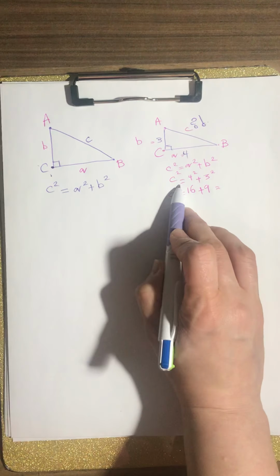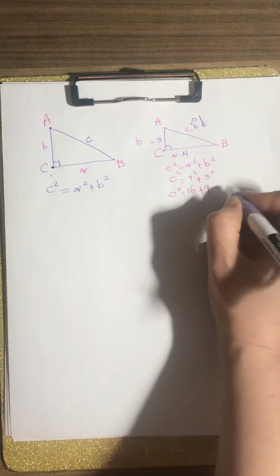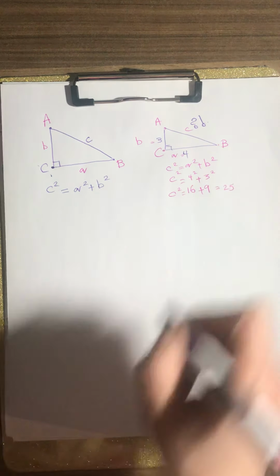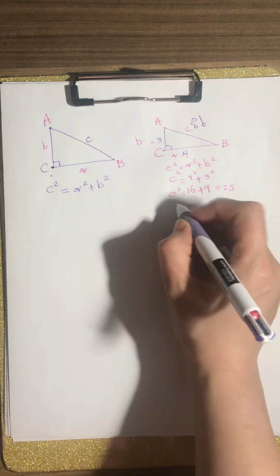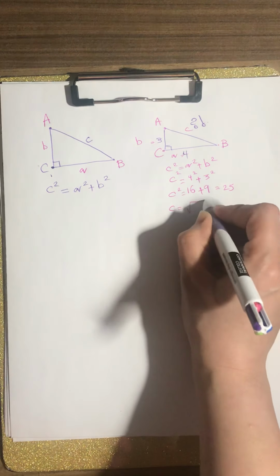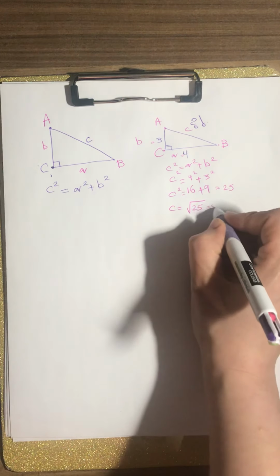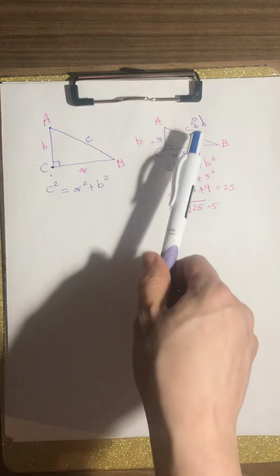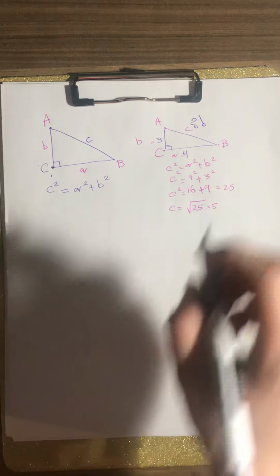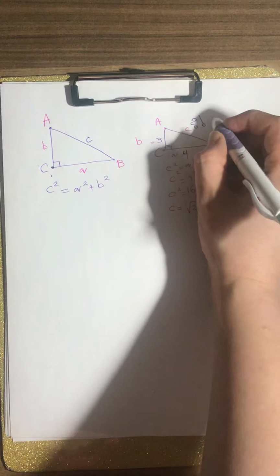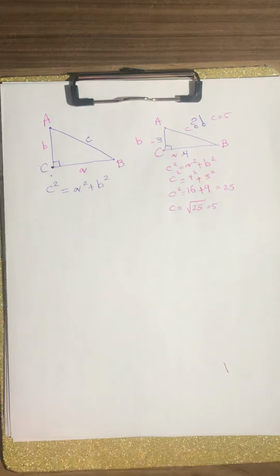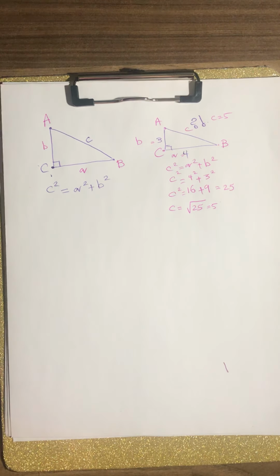So c to the power of 2 is 16 plus 9, which is 25. So c equals the square root of 25. What is the square root of 25? 5. So we realize that side C is 5. So we found that. Let's do one more example.